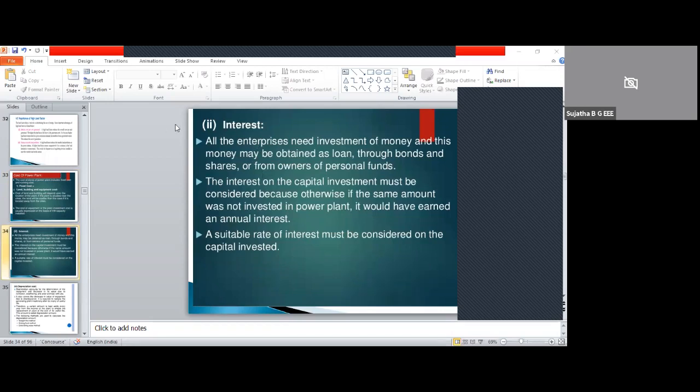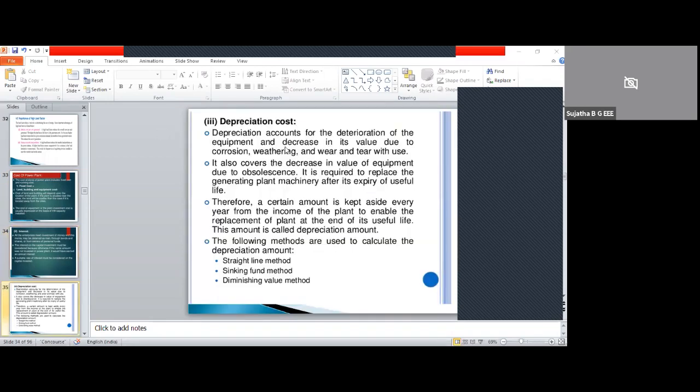And the third one under fixed cost is depreciation cost. So how do we calculate this depreciation? Later you will study. We have straight line method, sinking fund method, diminishing value method. So this you will see later. Just write only, understand what is depreciation, what is depreciation cost.